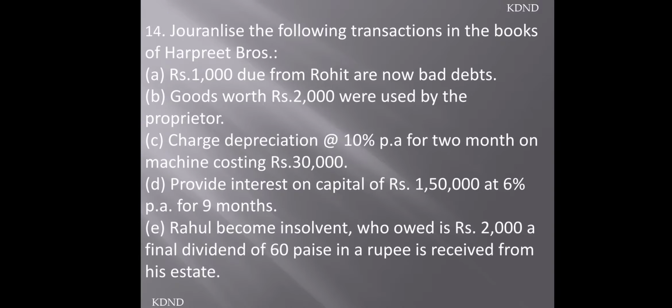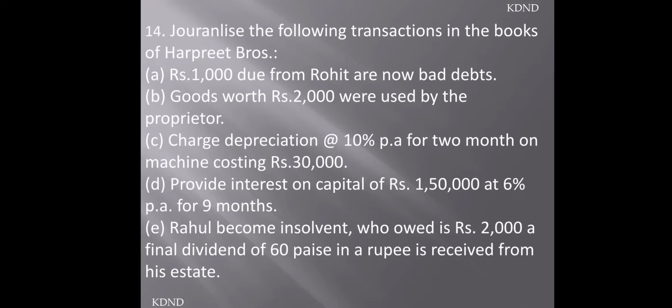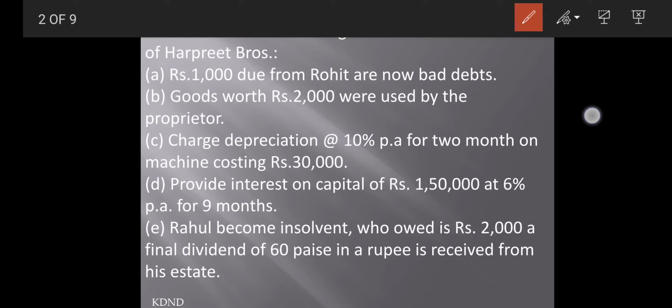Then comes the next: provide interest on capital of 1,50,000 at 6% per annum for 9 months. So in this case, interest on capital. You always have to remember what interest on capital means. Interest on capital is an expense for the firm, because the owner has provided a loan to the business, right?